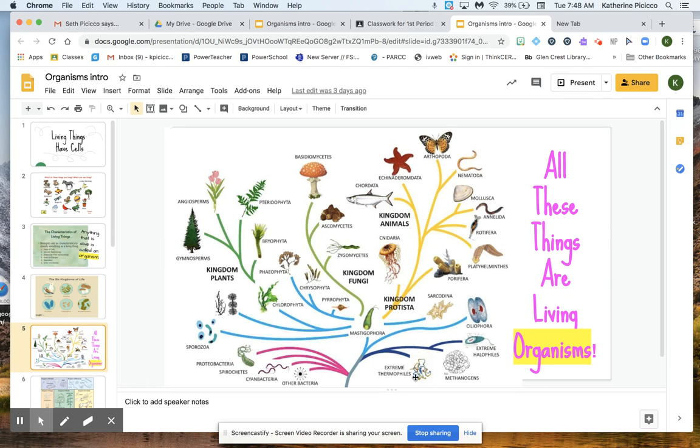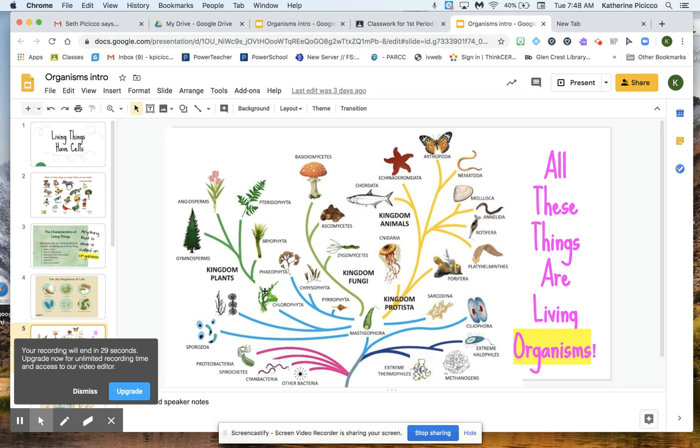But especially when I come over here, whoa, extreme thermophiles and extreme halophiles, and these odd looking things like mollusks and even things like worms and whatever the heck this is, Scardonia. These are all alive, right? So think about all these, and notice there's not even a human on this chart, or really many animals that we think of. So there's a lot of different things. All these things are living organisms.